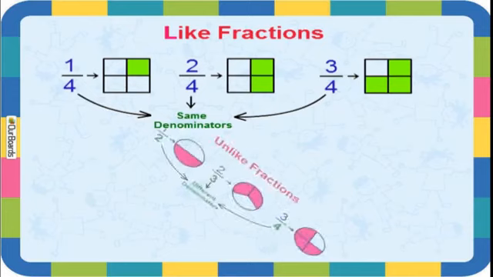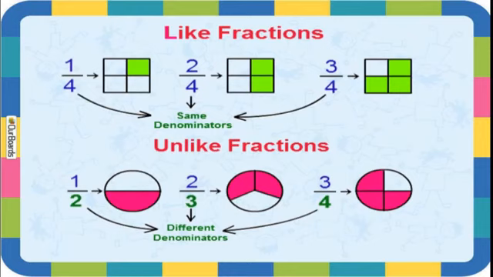Isn't it? Now about unlike fractions. Unlike fractions means the denominators are different. See the pictures. In the first one, 1 by 2. Second one, 2 upon 3, and the third picture shows 3 upon 4.